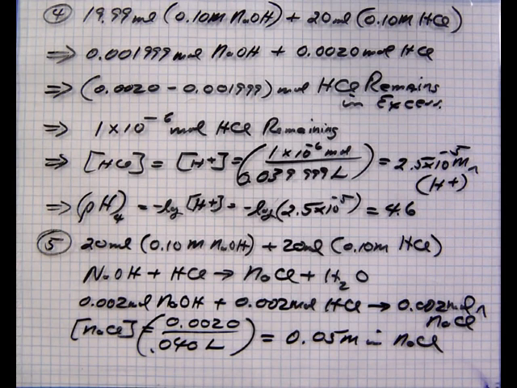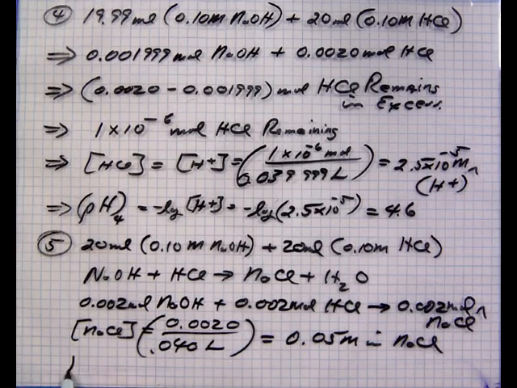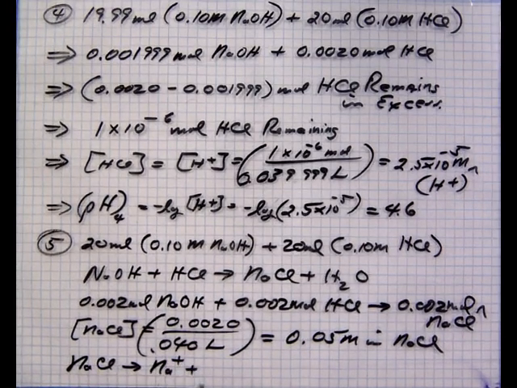Now, at the equivalence point, does this particular salt have any effect on the pH due to hydrolysis? See, sodium chloride, being a salt, will ionize 100% to sodium plus chloride.